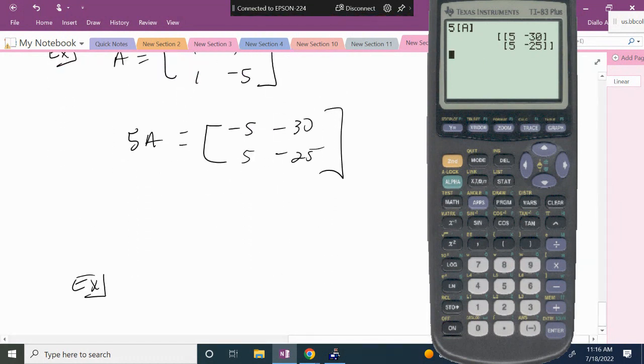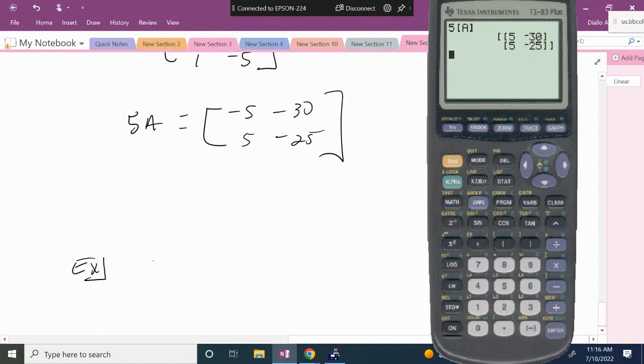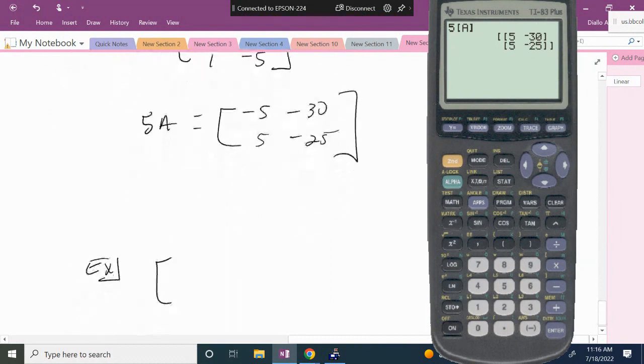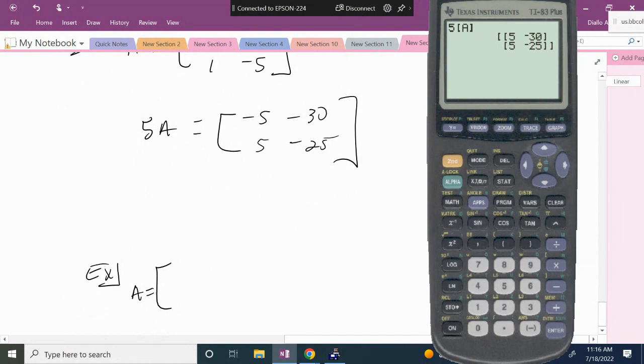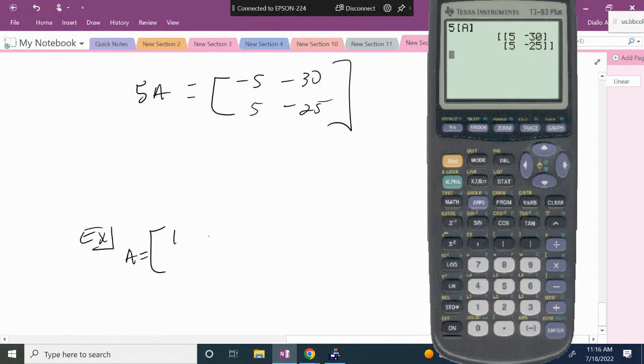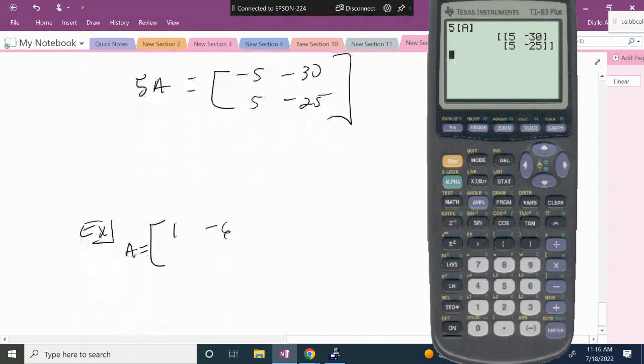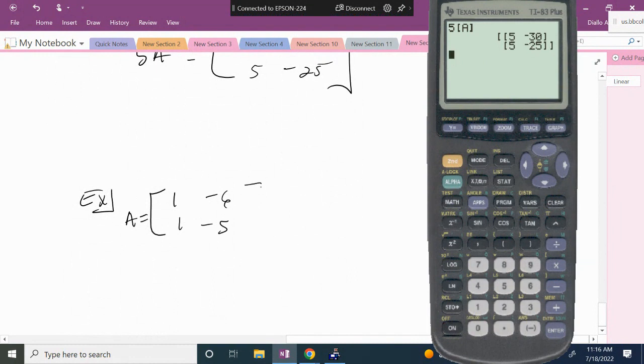Okay, we could also find the square of a matrix. So we have A is equal to 1, -6, 1, and -5. And let's just say we were asked to find A squared.